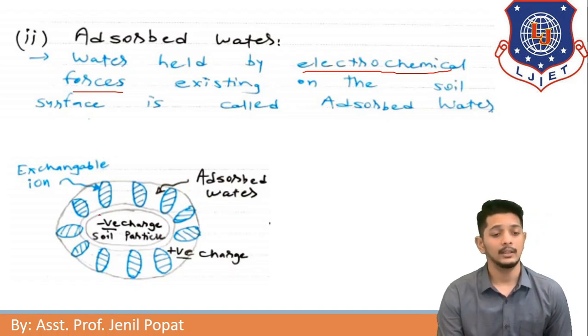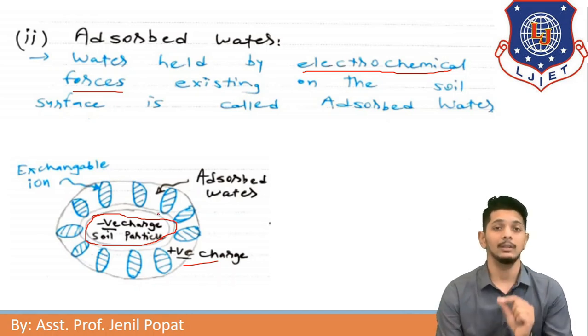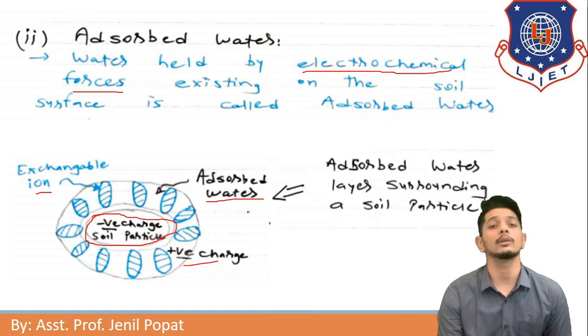Generally, a soil particle is generated like this. Negatively charged soil particles are in the center and positively charged ions are in the periphery or circumference. So, the water which is held in between the periphery layer or in between exchangeable ions is known as adsorbed water.